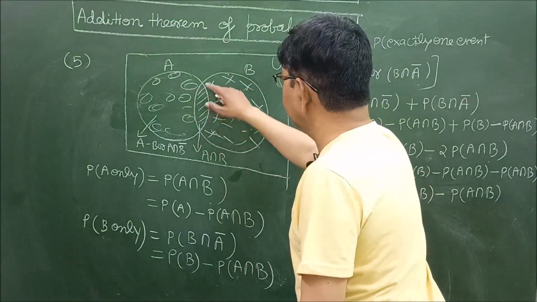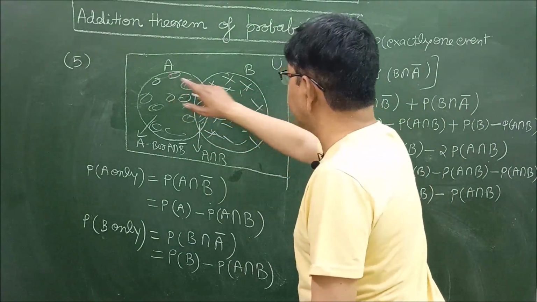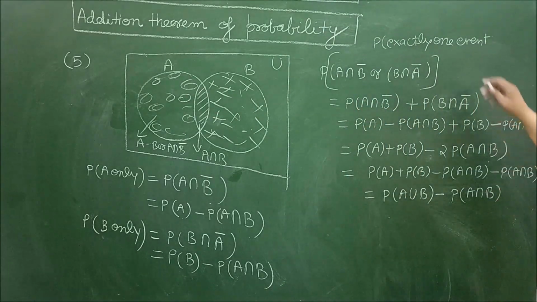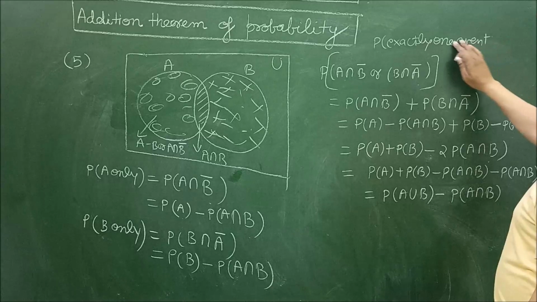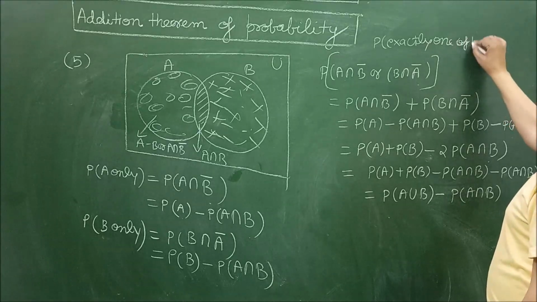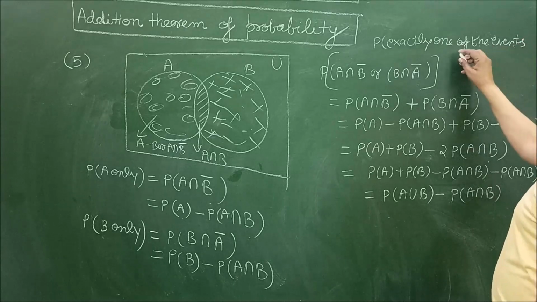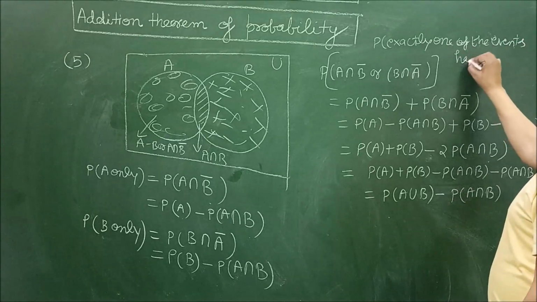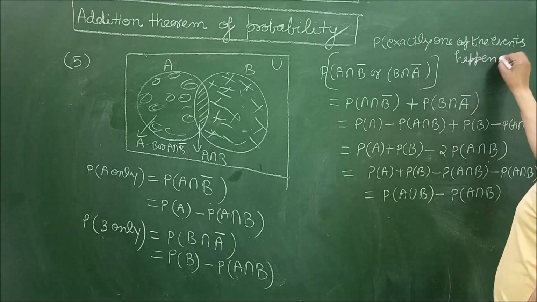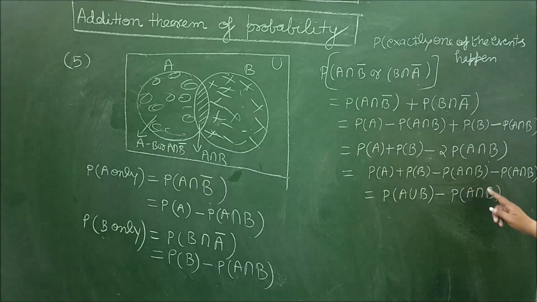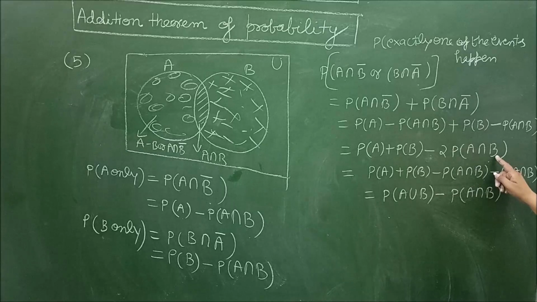If you remove this region, then we get exactly A happens or exactly B happens. So if exactly one of the events happens, we can find it using this formula, that is PA plus PB minus twice the probability of A intersection B.